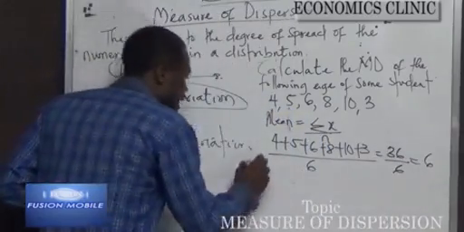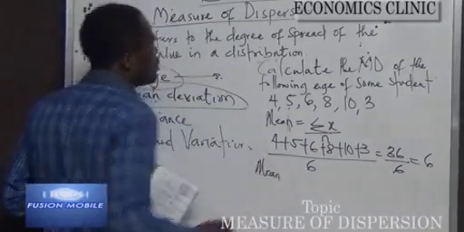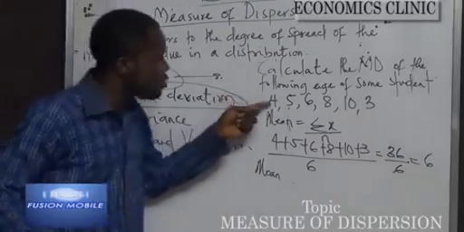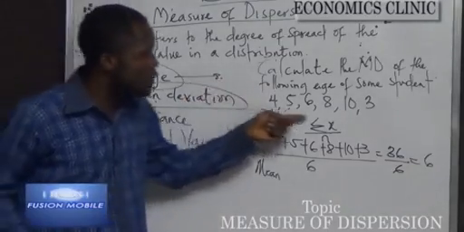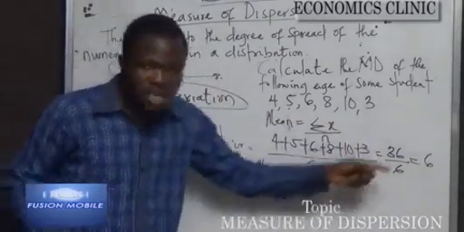Now to look for the mean deviation here, what we do is use this set of values and subtract the mean from each of them.